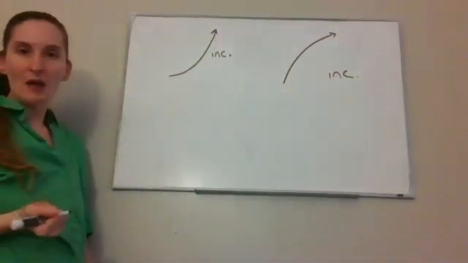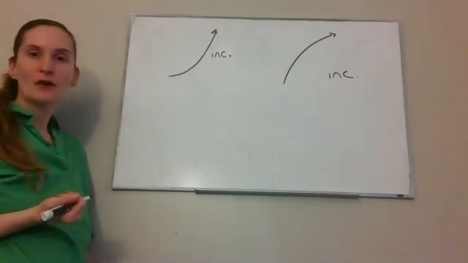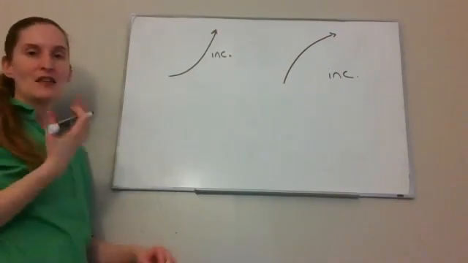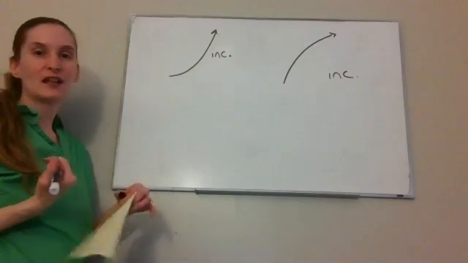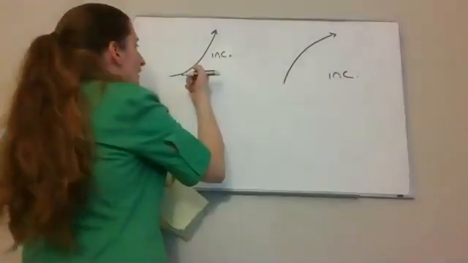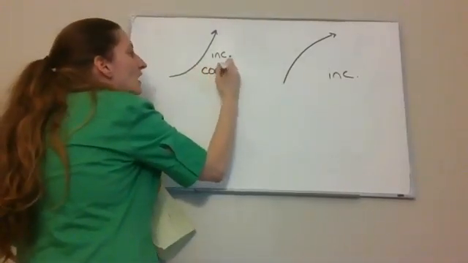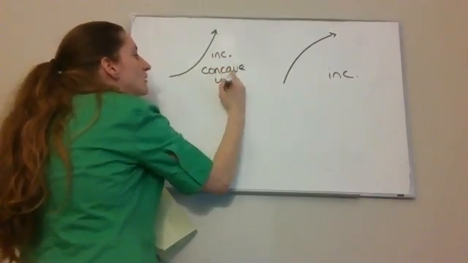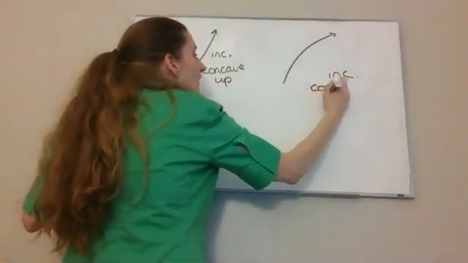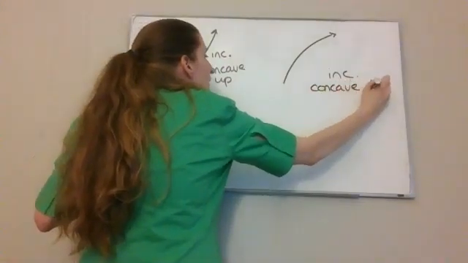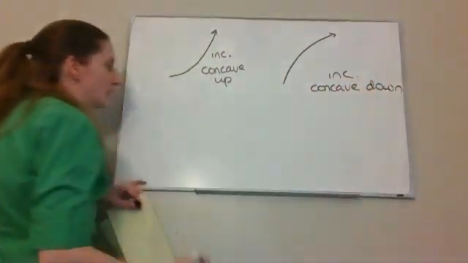They're both going up from left to right, but they're curved a little bit differently. The way that this curves, we call that concavity. This one is what we call concave up, and this one is concave down.